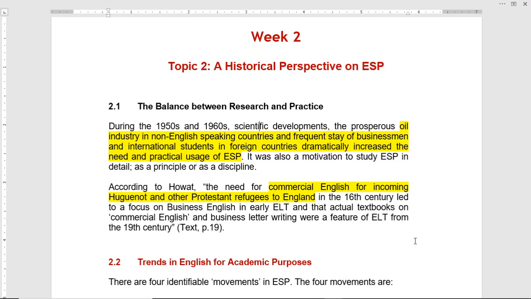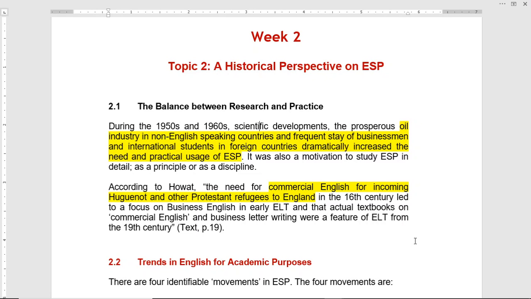The need for commercial English for incoming Huguenot and other Protestant refugees to England in the 16th century also led to a focus on business English in early ELT, and actual textbooks on commercial English and business letter writing were a feature of ELT from the 19th century.